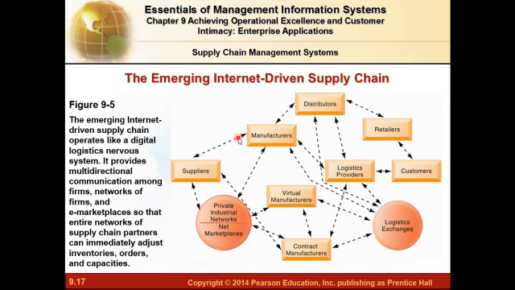This is an example of the pull-based supply chain model, not related to the emerging internet-driven supply chain. Again, the internet-driven supply chain is like a digital logistic nervous system, multi-directional, as you can see here, not only one way.